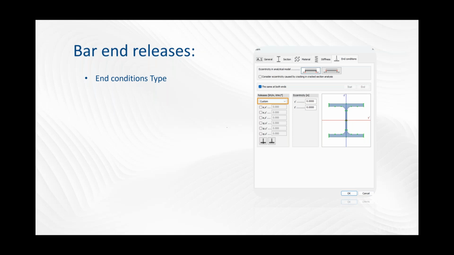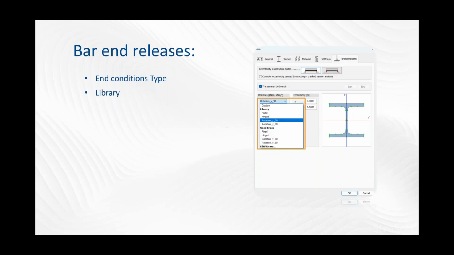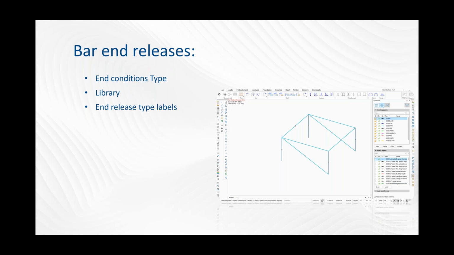Now, the second topic, as it was presented in the agenda as well, is the bar end releases. So here you had the connection types before, but now you have them in a library, which is much more comprehensive.